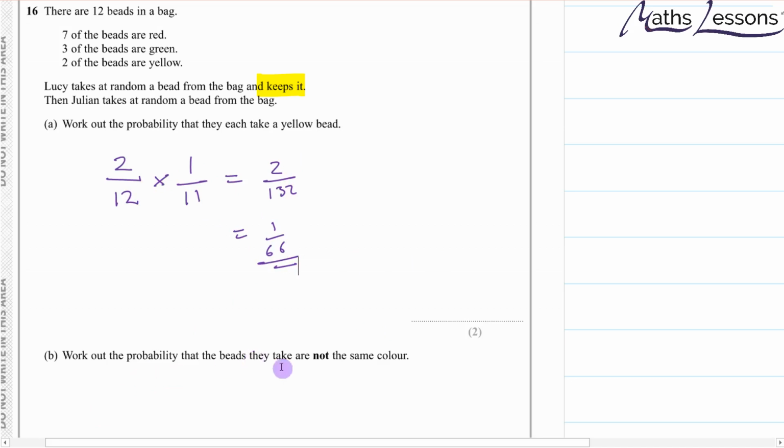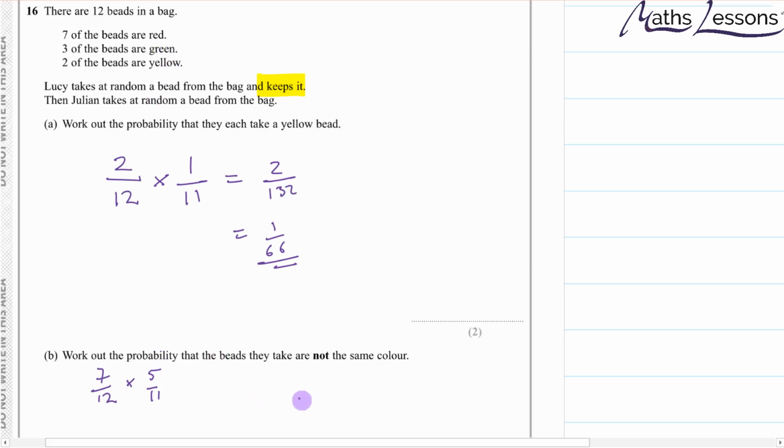Now we want to work out the probability that the beads they take are not the same colour. So we've got 7 out of 12 if the first one is red. And if they're not the same colour, we're going to be timesing that by 5 over 11, because green or yellow could be the next one.